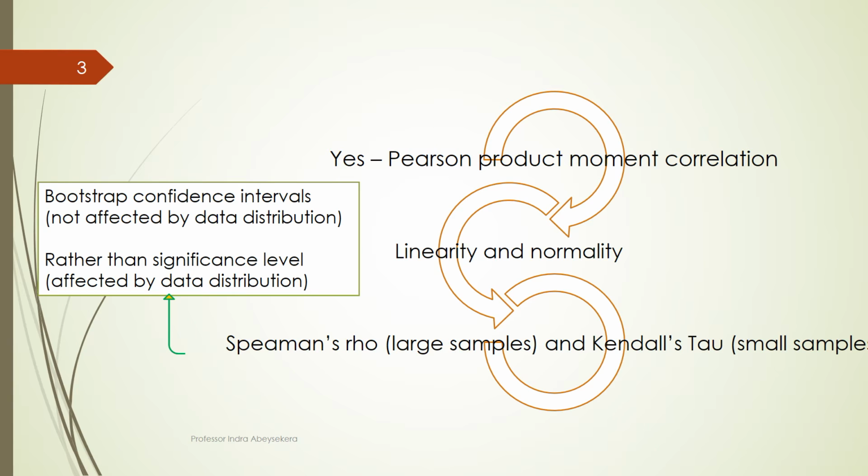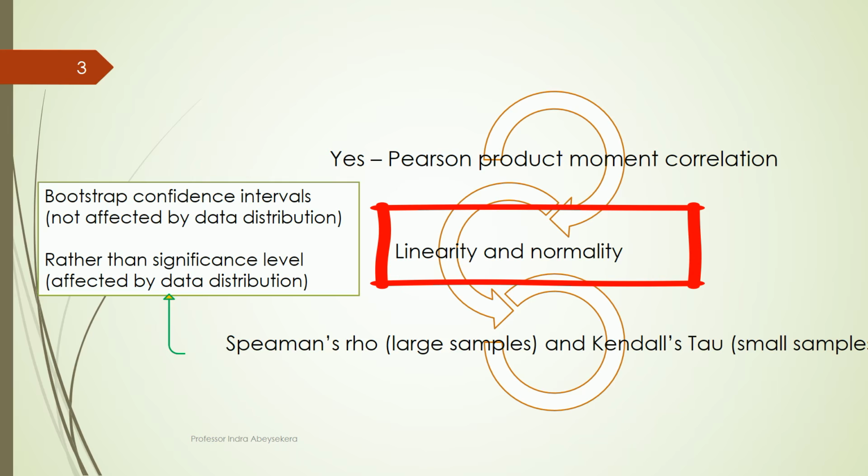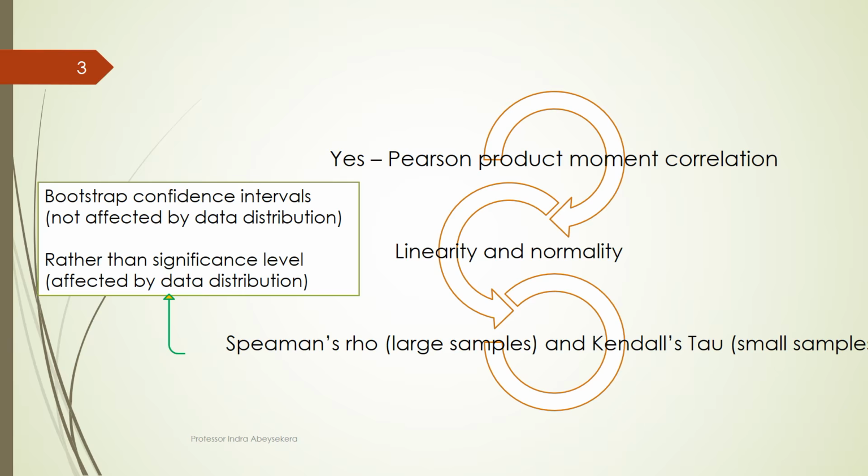But before we undertake the correlation analysis, we have to ensure that the two variables have a linear relationship and that the variables conform to normality, that is, the parameters of those variables conform to normality.